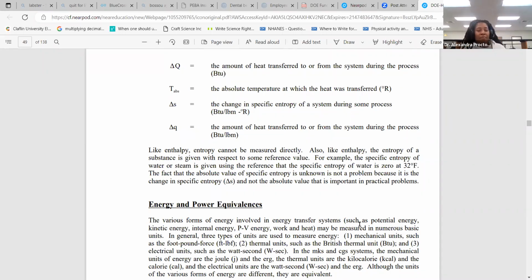So like enthalpy, entropy cannot be measured directly. Also like enthalpy, entropy of a substance is given with respect to some reference value. For example, specific entropy of water or steam comes from this reference that specific entropy of water is 0 at 32 degrees Fahrenheit.